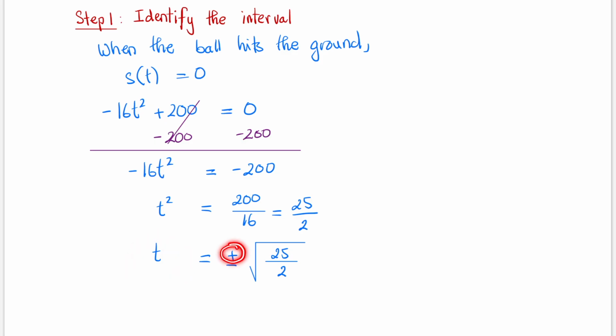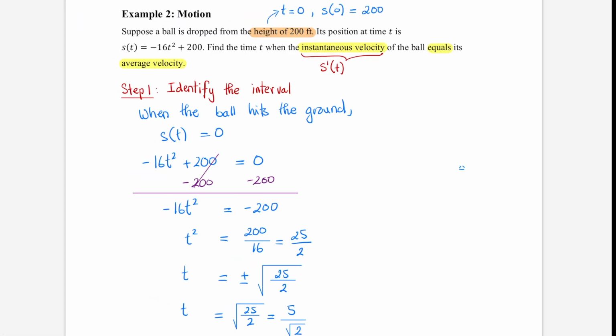So t equals positive square root of 25 over 2, or 5 over square root of 2. So our interval is from 0 to square root of 25 over 2.